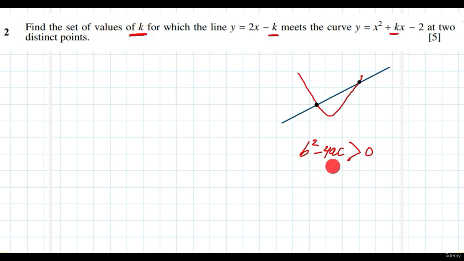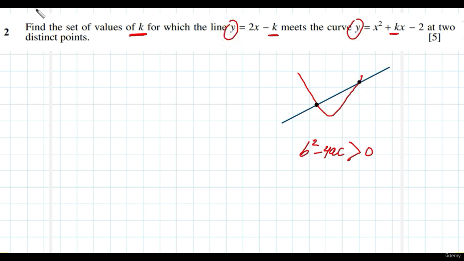Before the application of this condition, we need to first generate the quadratic equation that involves both of the equations, the linear equation and the quadratic equation. In order to combine both of them, we can look at the two points and say that they have similar x coordinates and y coordinates, which indicates that they share similar y values and x values at the two intersection points.